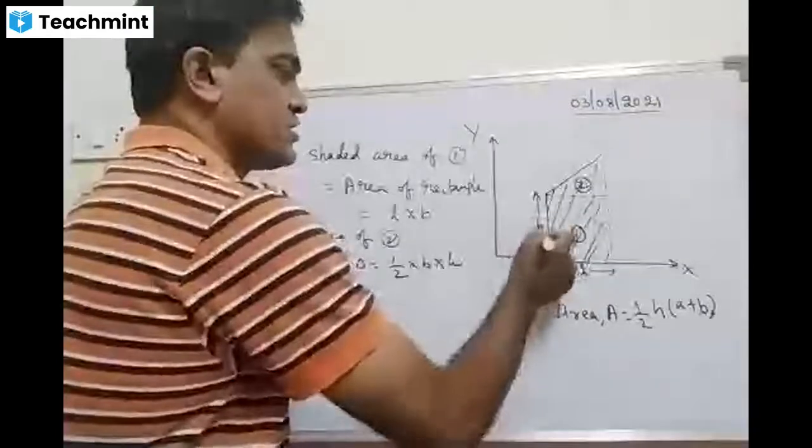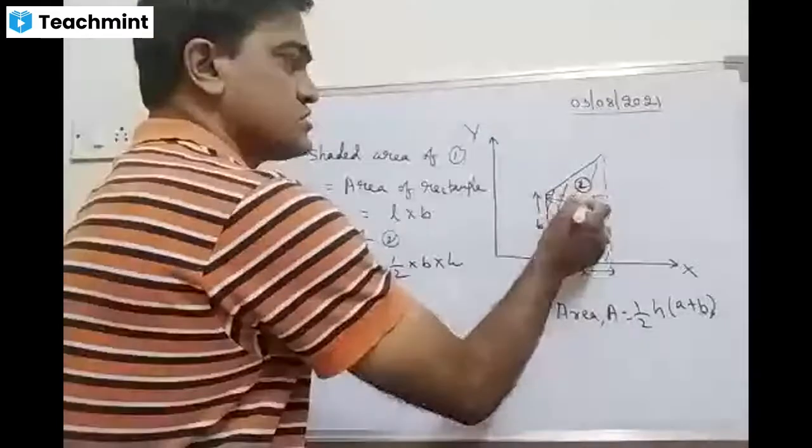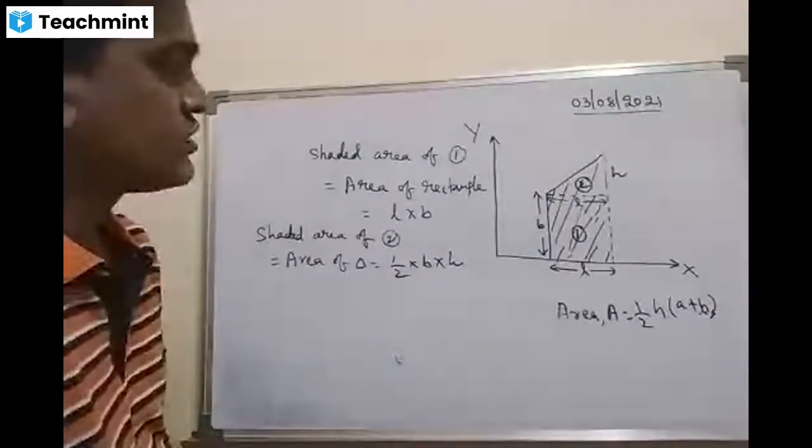And in the case of the shaded triangle, if this is L, this is also L. We represent this base with some H.